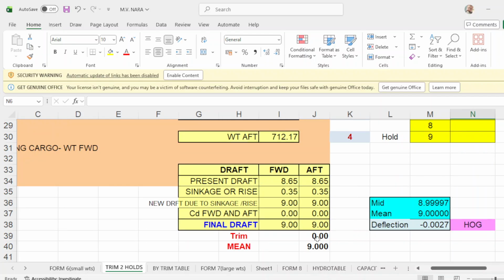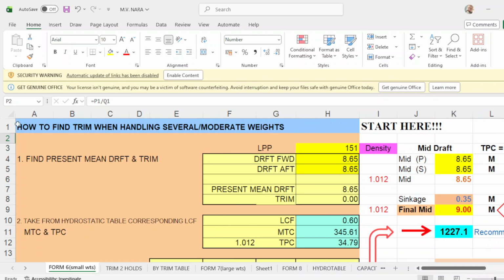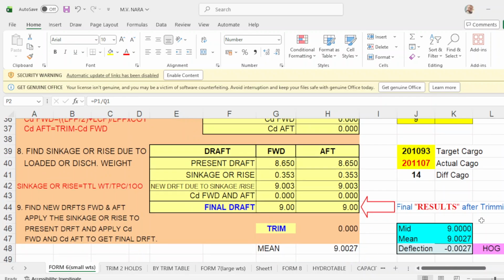Okay, and for number 6 will be how to find trim when handling several moderate weights. And your final draft is forward is 9 meters, aft draft is 9 meters, zero trim, mean is 9 meters, and zero deflection. Okay, so you have 1, 2, 3, 4 programs that back you up with the same results of 9 meters.